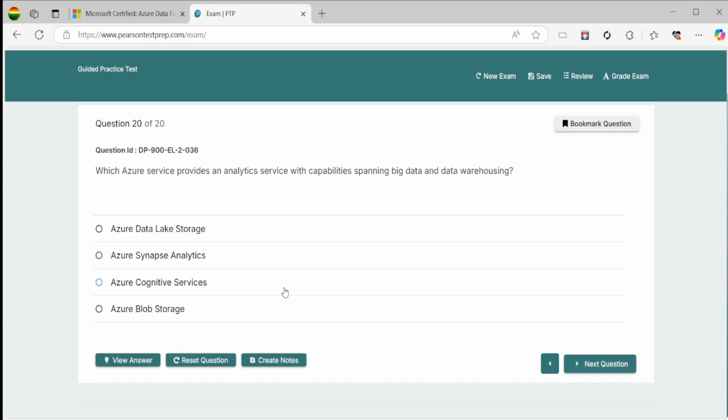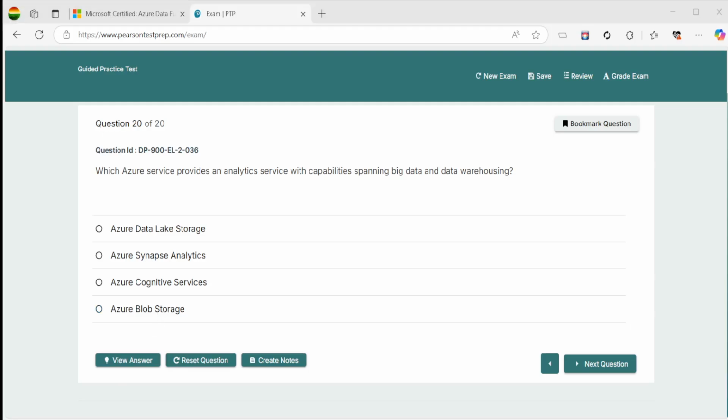And the last question, number 20. Which Azure service provides an analytics service with capabilities spanning big data and data warehousing? Azure Data Lake Storage, Azure Synapse Analytics, Azure Cognitive Services, or Azure Blob Storage?